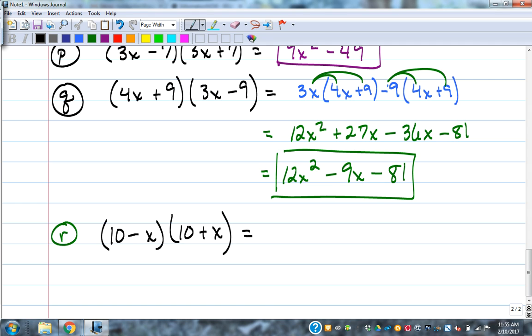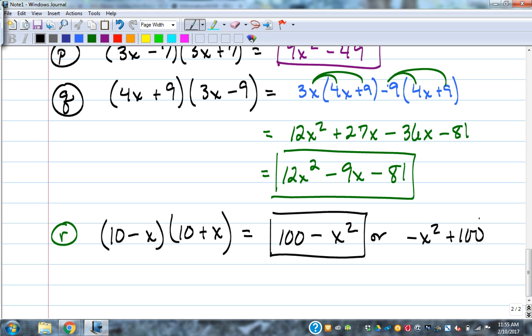No, not negative 100, but 10 times 10 is going to be positive 100. And then you're right on the minus x squared. So you just got to be careful what order they're putting the factors in, and then you can rearrange and go from there. Now, I know that's not descending order, but the idea is the shortcut's what we're at. I would prefer it. Technically, yes, that would be the descending order version of that.